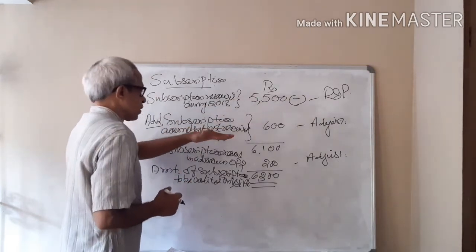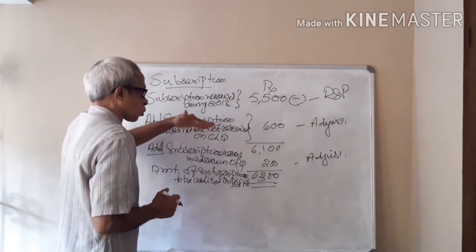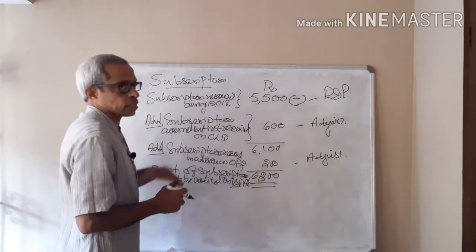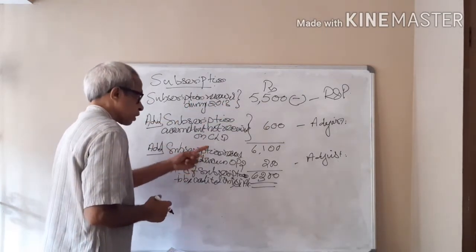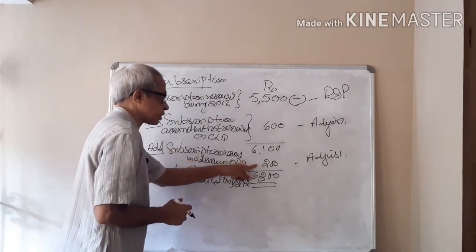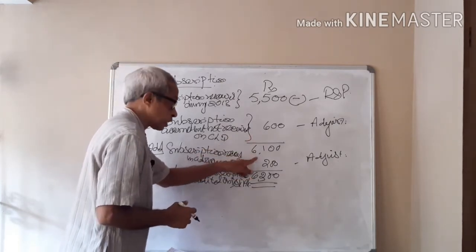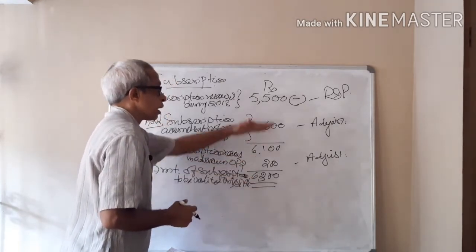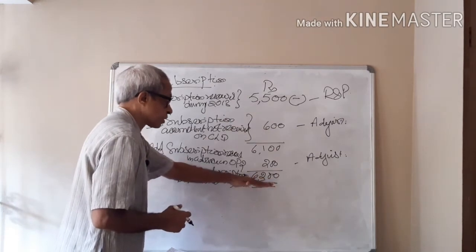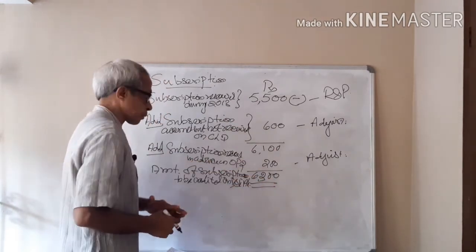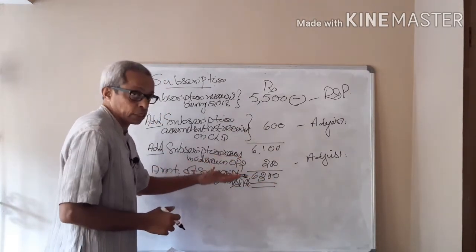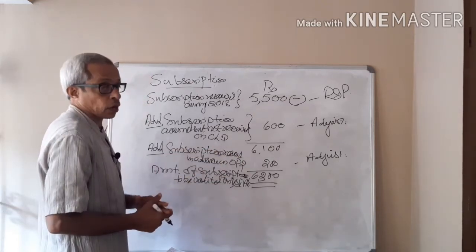To that figure we add the accrued figure on the closing date, and we add the subscription received in advance on the opening date. Then we get the total amount of subscription to be credited to income and expenditure account.